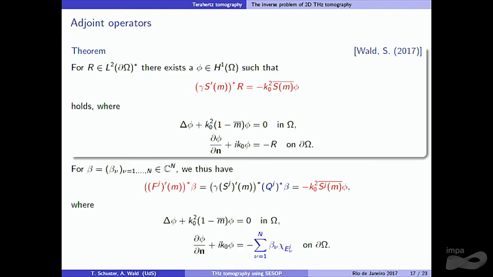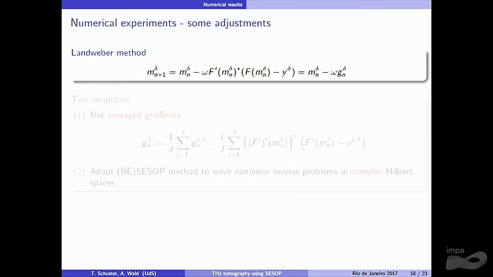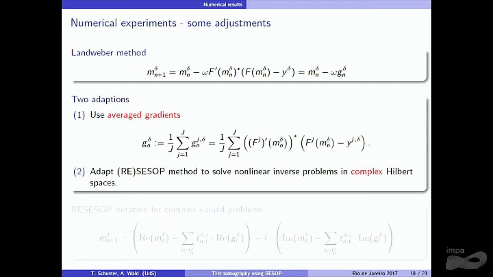Okay, now everything is together. We have now the adjoint of the Fréchet derivative of all our forward operators given by this function here, and we always have to solve such boundary value problems where the measurement process is included here as a right-hand side of a Robin condition. And our method looks as follows.